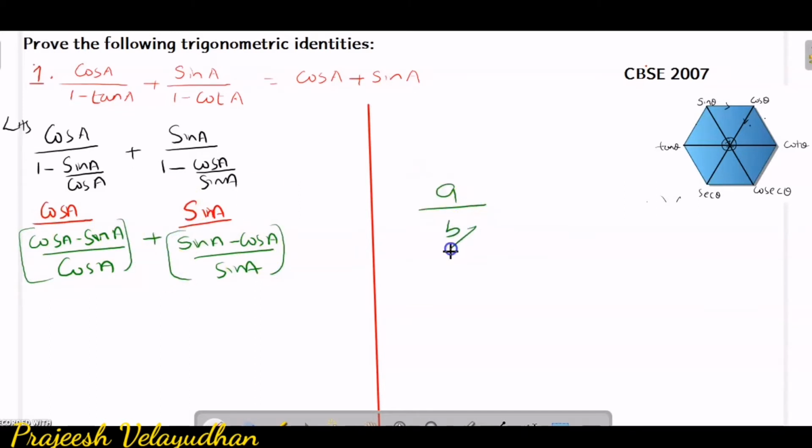If it is A by B divided by C, what will you do? A by 1 into C by B, you will do reciprocal multiplication.